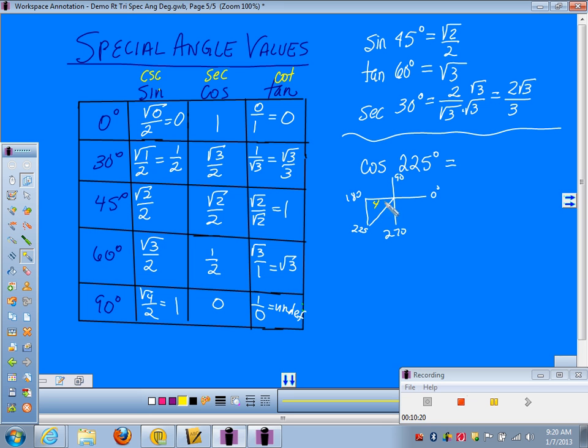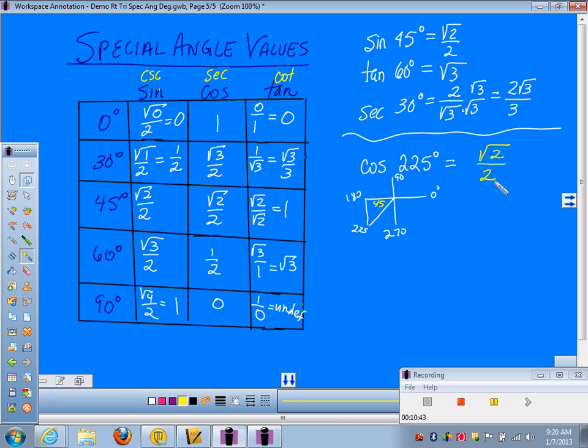It's 45. So therefore, you know the cosine of 225 is the same thing as the cosine of 45. 45 is called your reference angle. We used them before. Because it's the angle you use out of the table to get your value. So you would go, hey, cosine of 45 in the table is square root of 2 over 2.